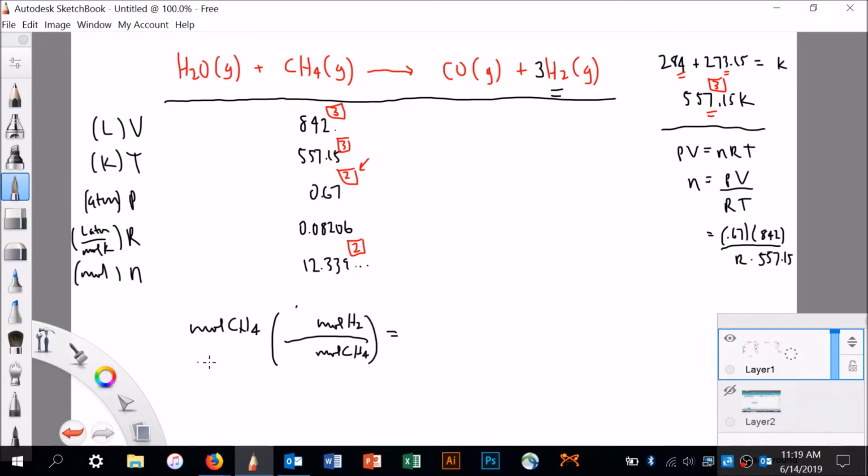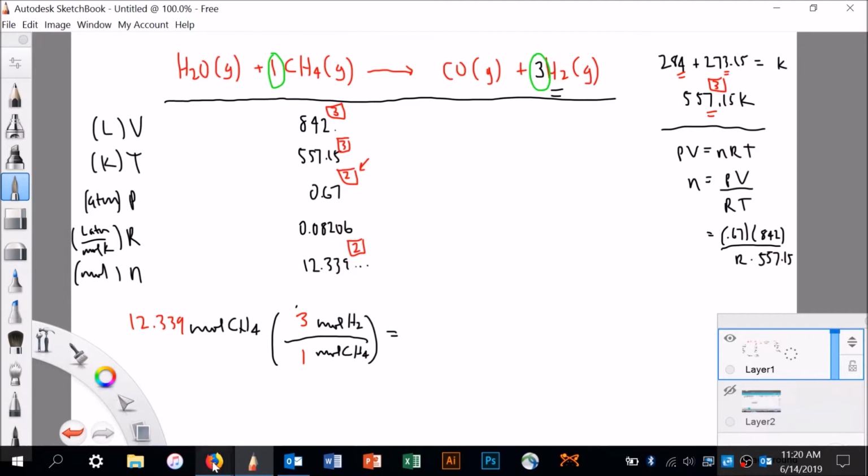Okay, so let me put my numbers in here. This is 12.339, and I have 3 moles of hydrogen for every 1 mole of methane, right? And I get that from here. My stoichiometric coefficients need those, right? This we've done many times. It's 1 to 3.